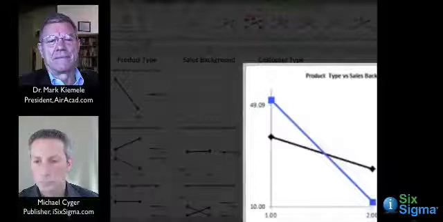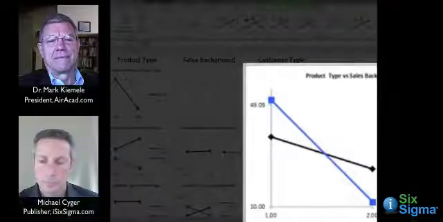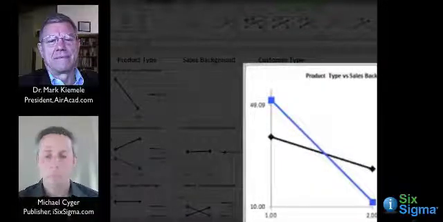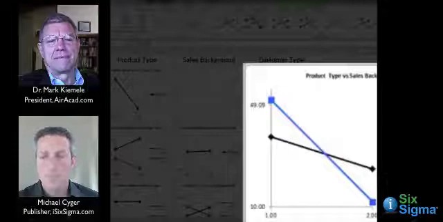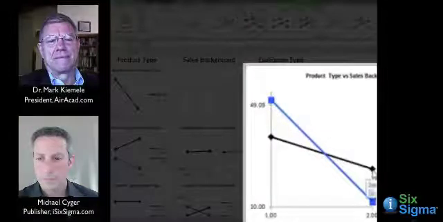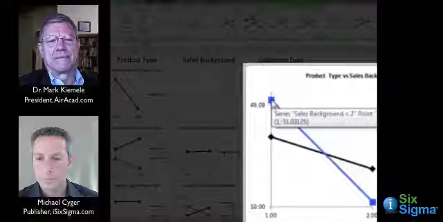So here you've got what is called an interaction plot, where the effect of one factor, namely product, is influenced by the level of another factor, in this case sales background. So sales background 1 is the better choice for product 2, and the bigger of the two points on product 1 is sales background 2.